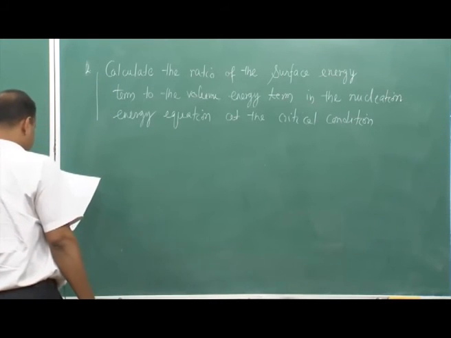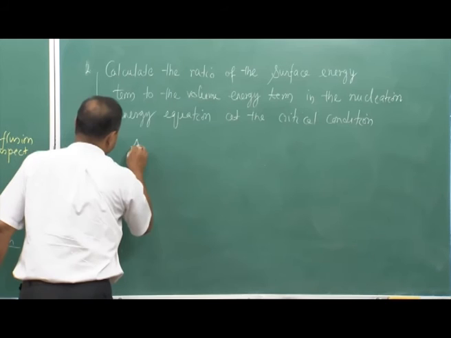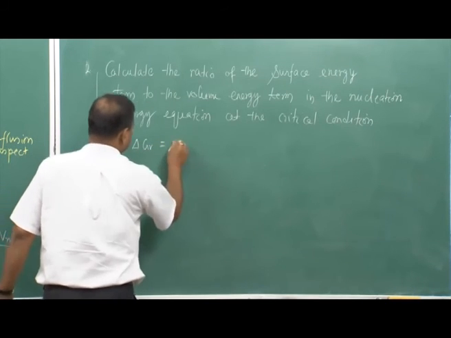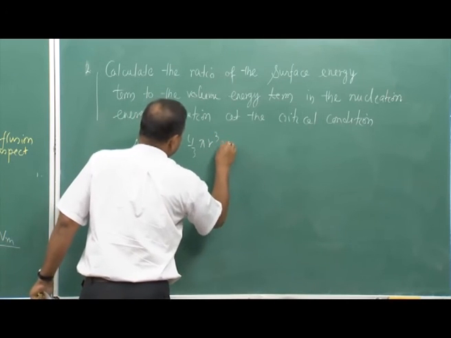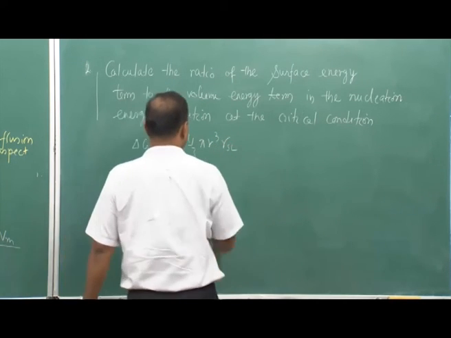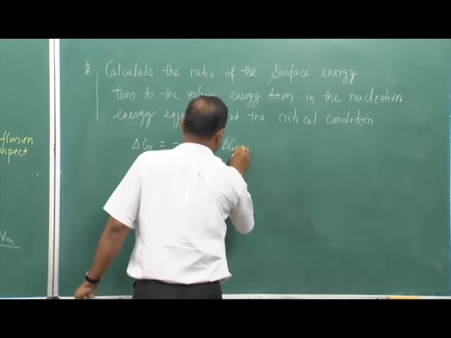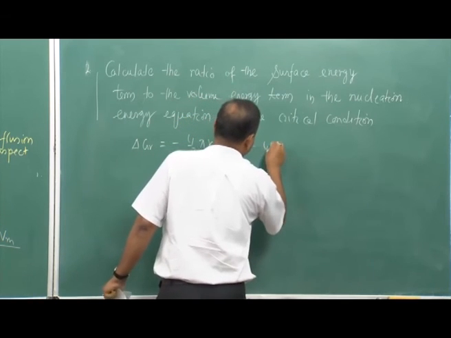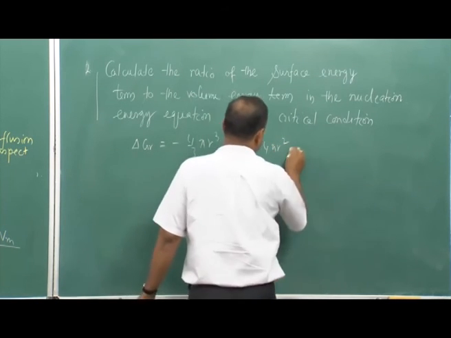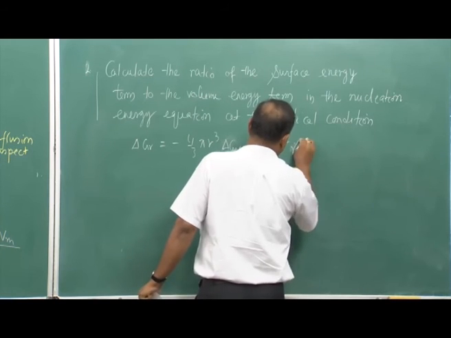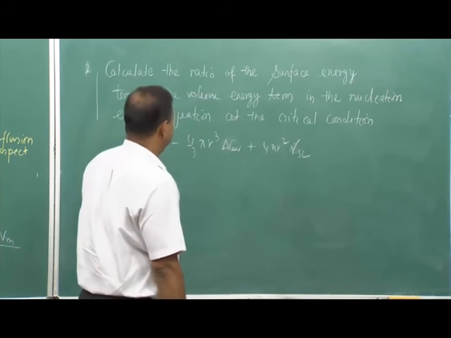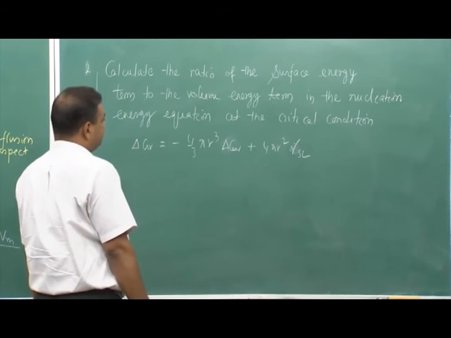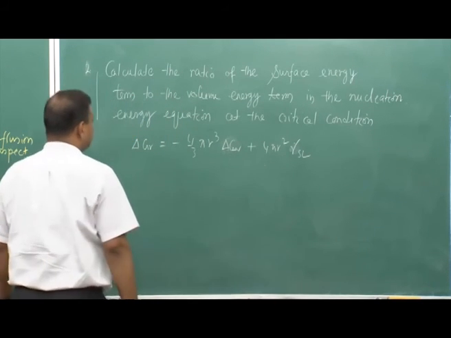Now, I can write this delta G R term, which is 4 pi R cube by 3 delta G V plus 4 pi R square gamma SL. Now, in this case, I need to find out the critical condition.